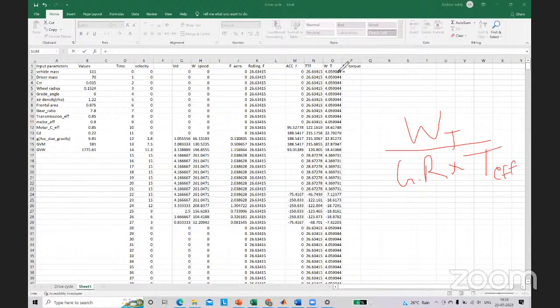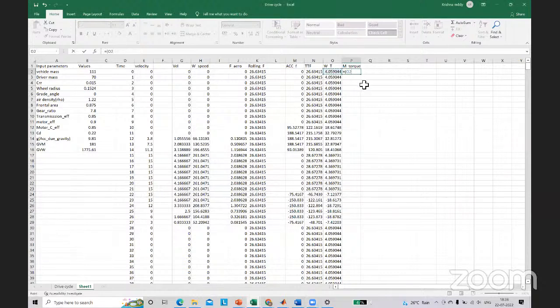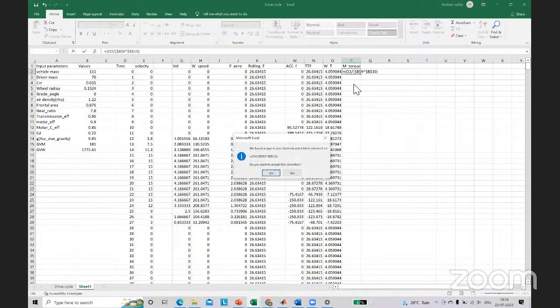So what we are going to do here is bring a bracket, select wheel torque divided by, bring a bracket, select gear ratio and efficiency, bring a dollar symbol to both parameters, multiplication sign, and efficiency. Close bracket, and enter.